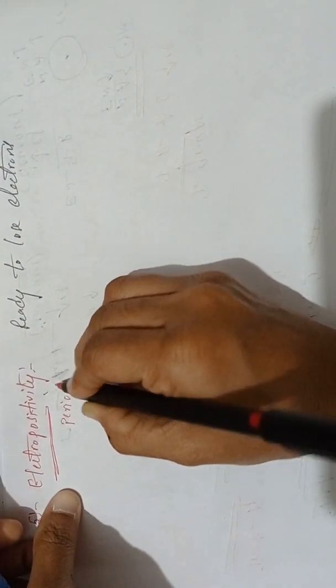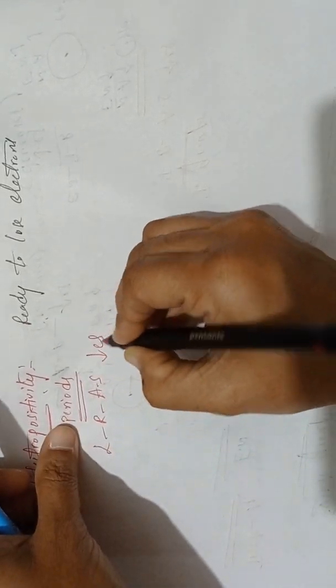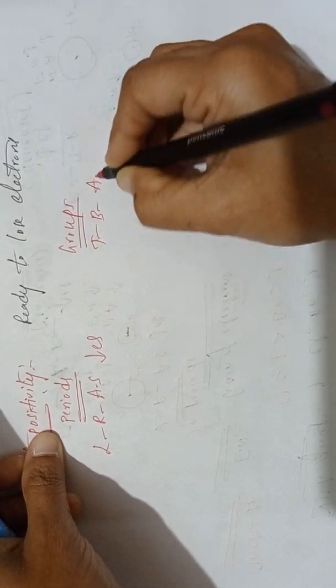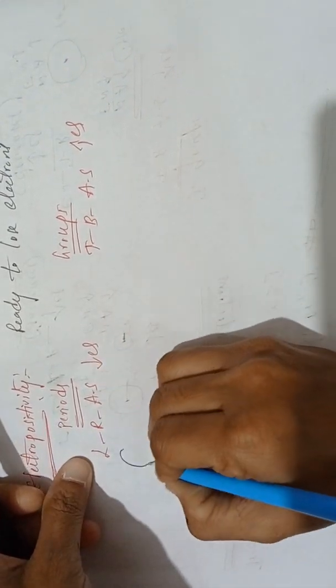In periods, left to right, atomic size decreases. In groups, top to bottom, atomic size increases. Decreases means big to small.